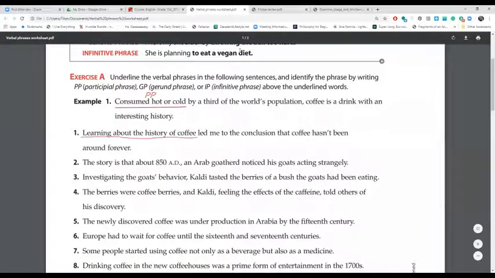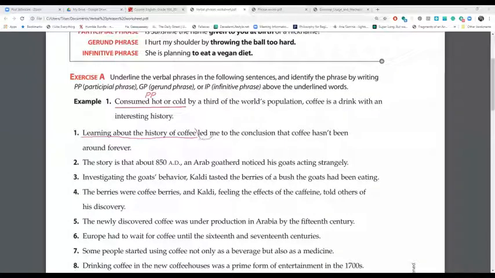It's saying, what did learning about coffee do? It led me to the conclusion that coffee hasn't been around forever. So if it ends in ing and it is not modifying a noun, a person, a place, or a thing, and it is used basically in any other way, we know that it is a gerund phrase. Okay, so this is a gerund.